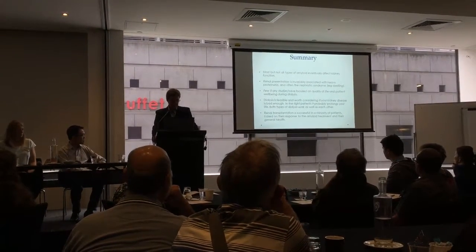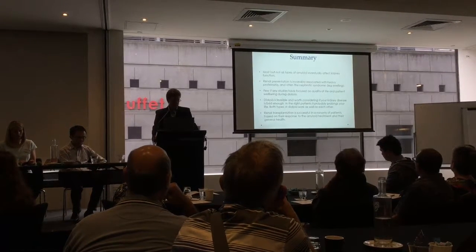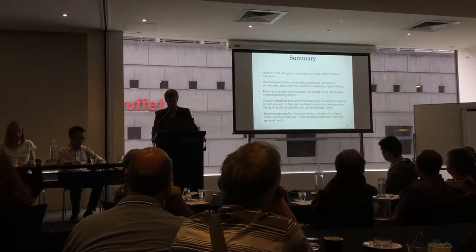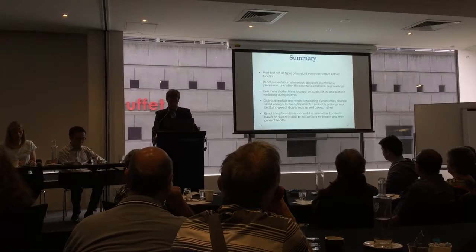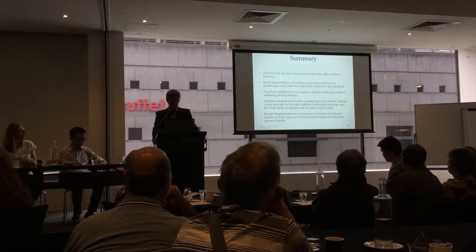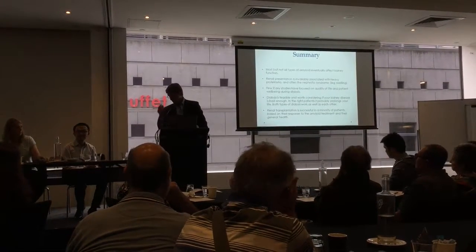It is worth considering if your kidney disease is bad enough, and in the right patients it will probably prolong your life. And in a minority of patients at this stage, renal transplantation can be a successful treatment in combination with treating the amyloid. So I'll leave it there, and if there's time for questions, I'm happy to take some.